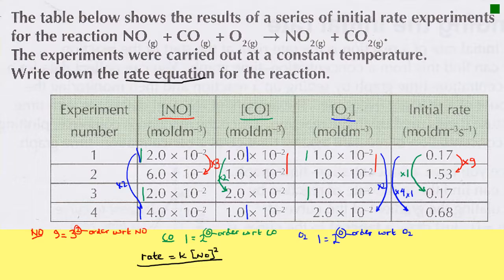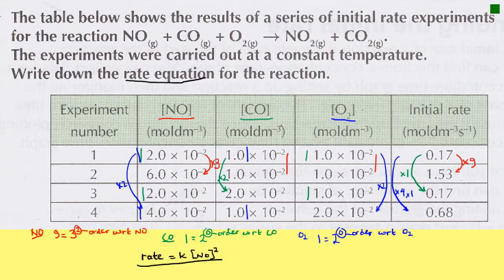So the increase in rate was a factor of 1, and 1 equals the increase in concentration of oxygen, which was doubled, so the factor was 2, and so 2 has to be to the power of 0 for it to be equal to 1.